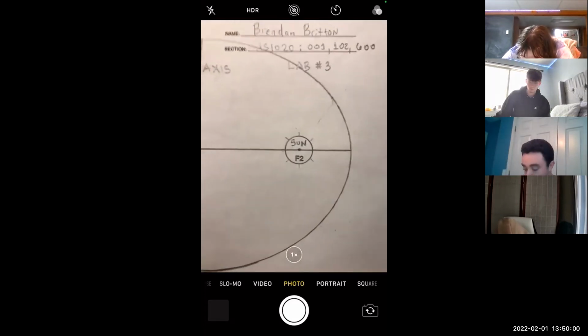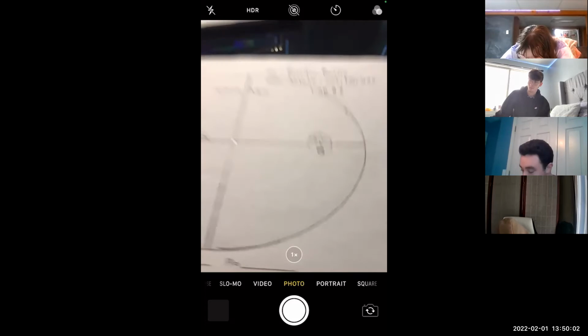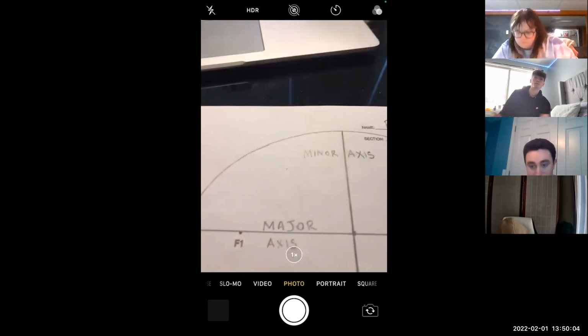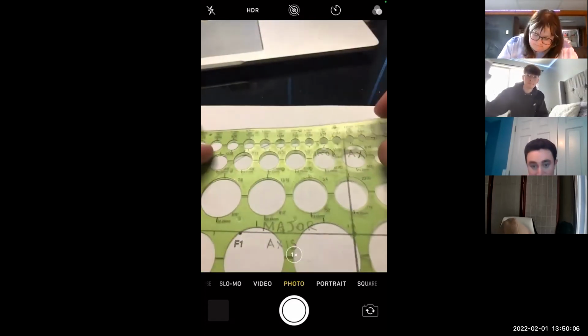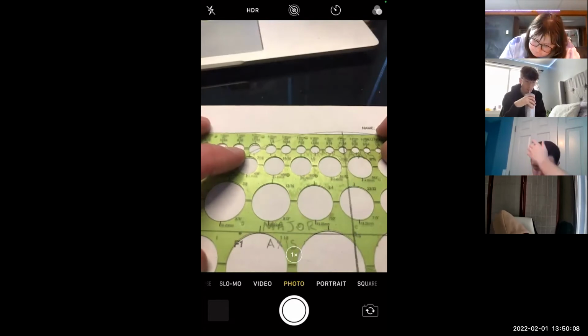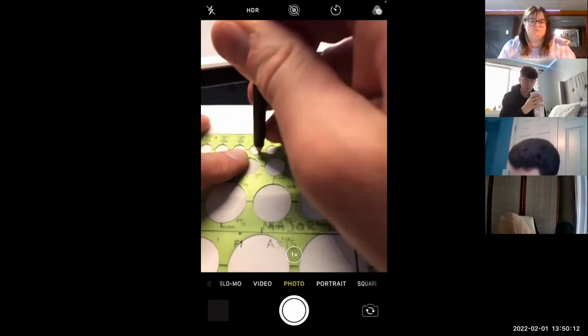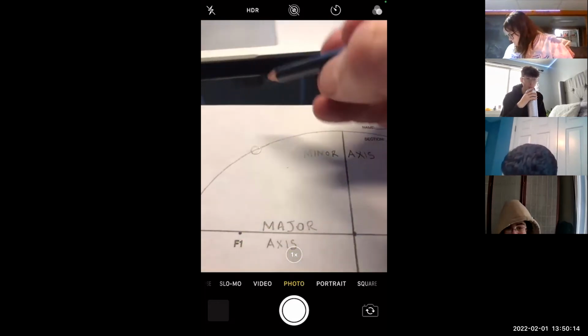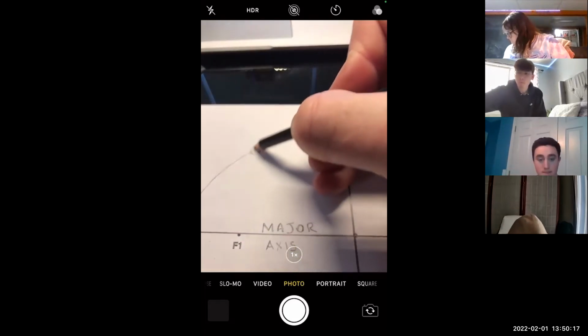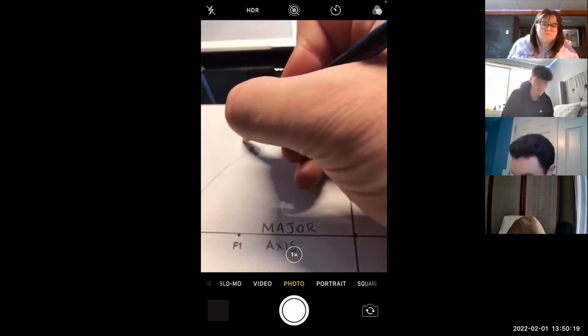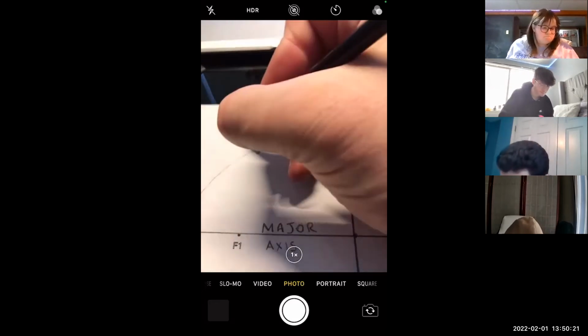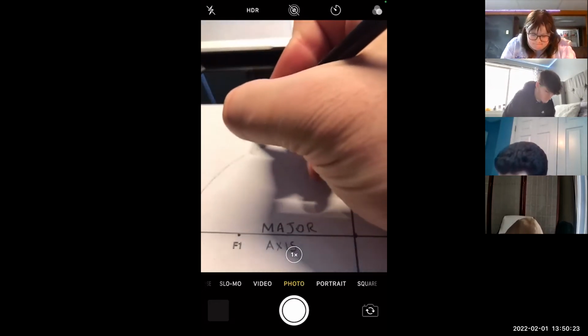It's my sun. Okay, for kicks and giggles, let's put a planet on there somewhere. There's my planet.